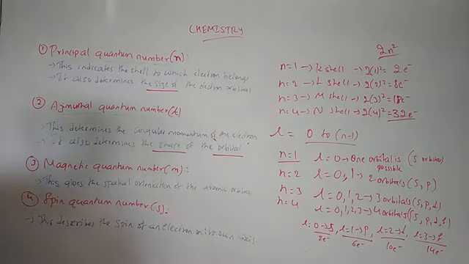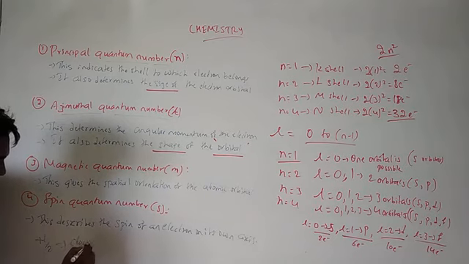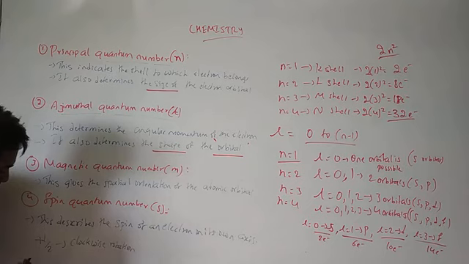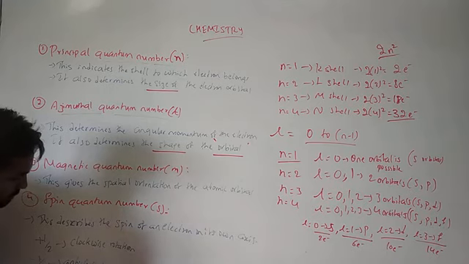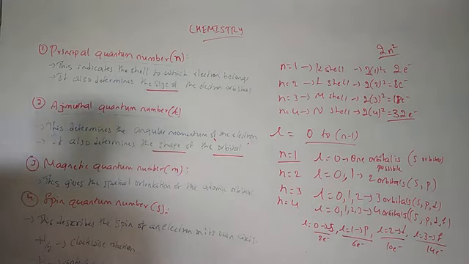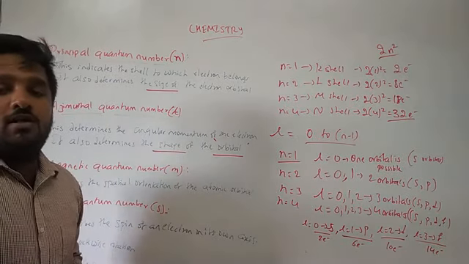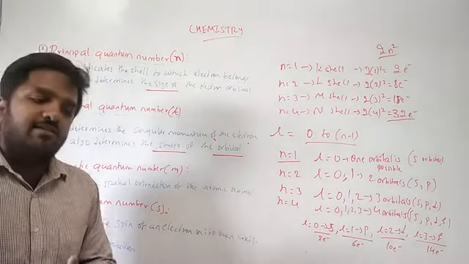Clear? We have two values for this: plus half for clockwise rotation and minus half for anti-clockwise rotation. Clear, students? So this is the information for the four quantum numbers: principal, azimuthal, magnetic, and spin quantum number.